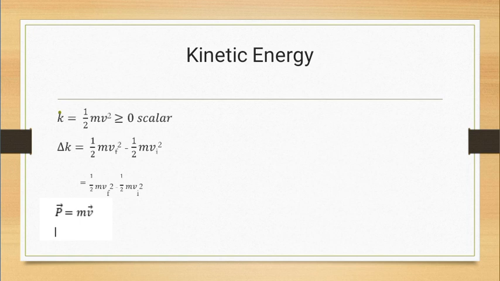A change in kinetic energy, we'll express as 1/2 m v final squared minus 1/2 m v initial squared. We're going to do so by asking about Newton's second law, but we're not going to consider it with respect to time as we've previously done. We're now going to consider it with respect to space.